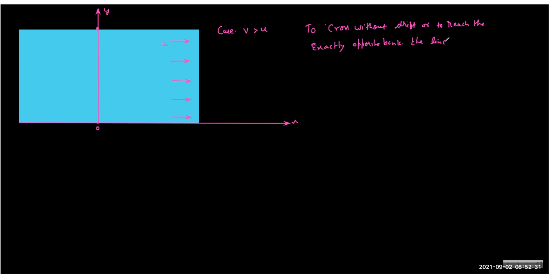The line of motion must be along the y-axis. Why? Because we do not want any drift. We do not want to get carried away by the flow. So someone starting at O must land on the opposite bank. But if you try to go this way, the line of motion will take you somewhere here.